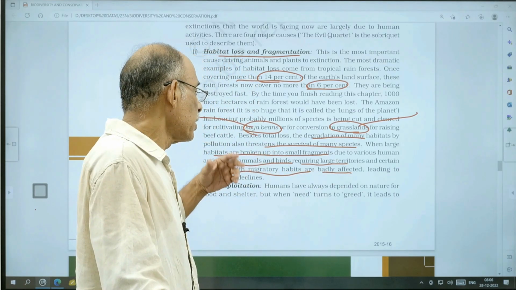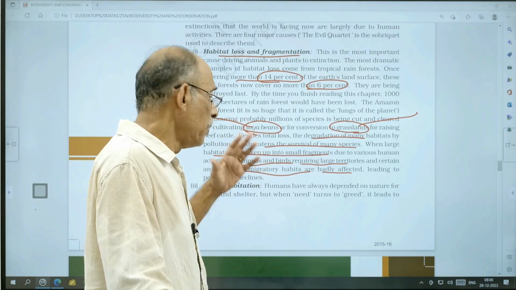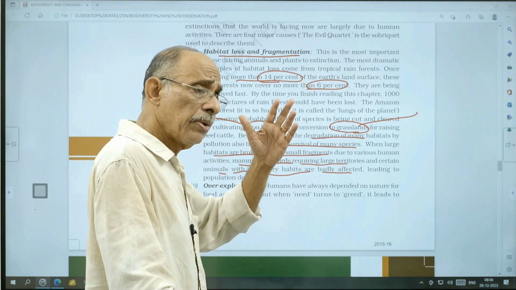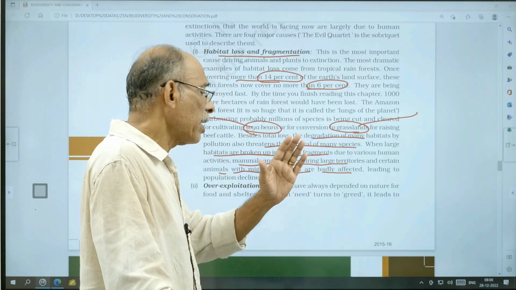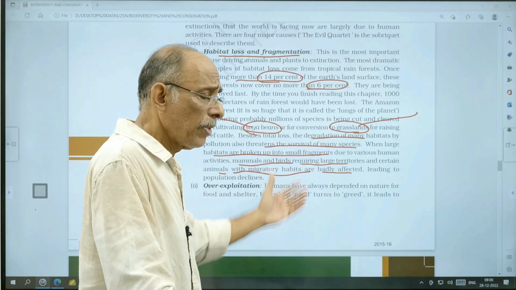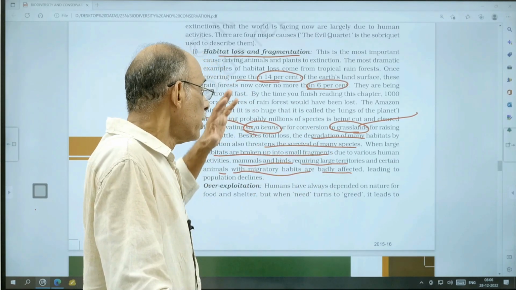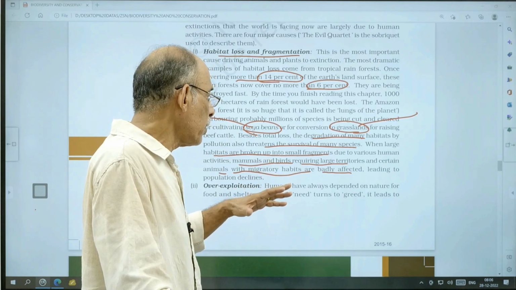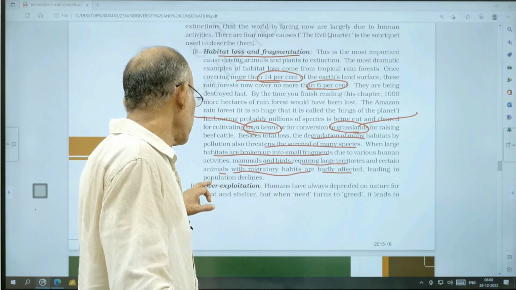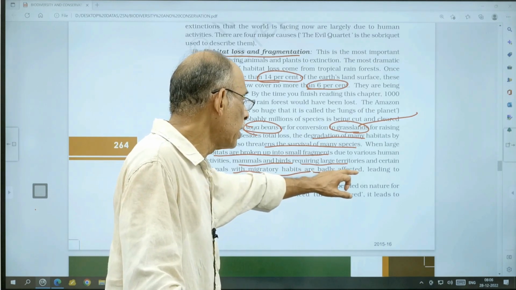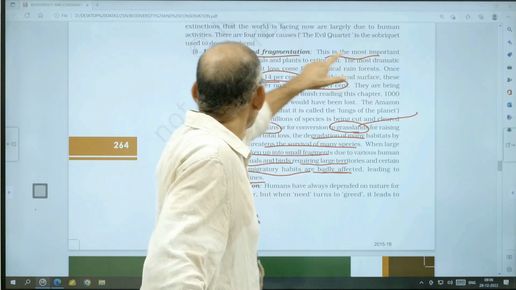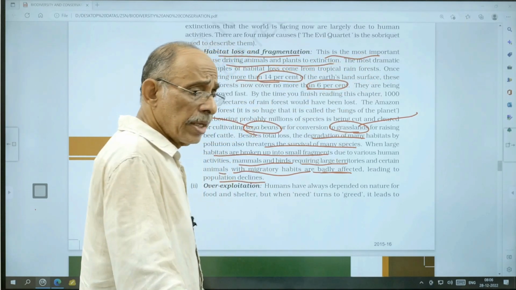Suppose elephants: elephants travel large distances daily, and if we fragment their huge forest area into different segments, one for a dam, one for construction, one for a highway, their migratory path will be blocked, leading to population decline. So fragmentation is one of the most important reasons for plants and animals going extinct.